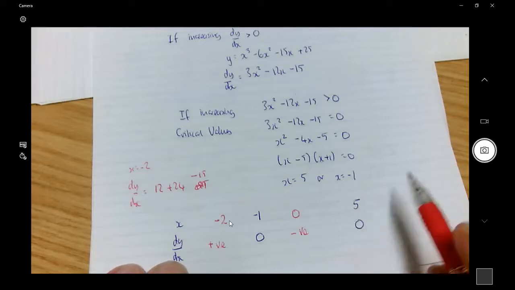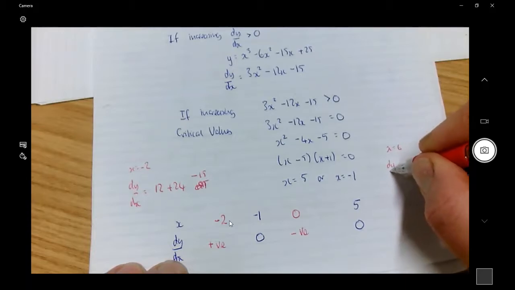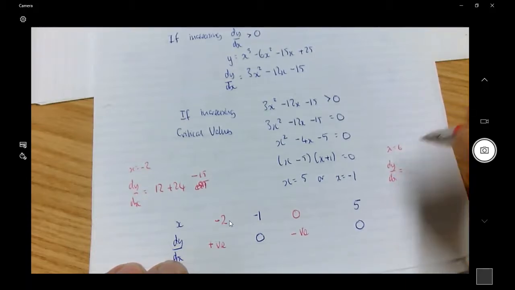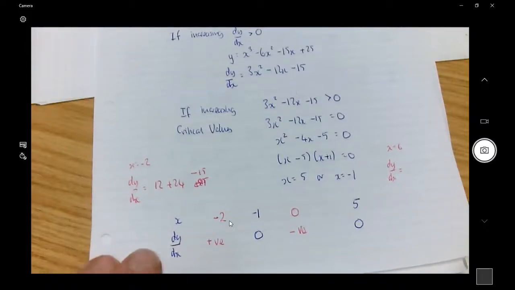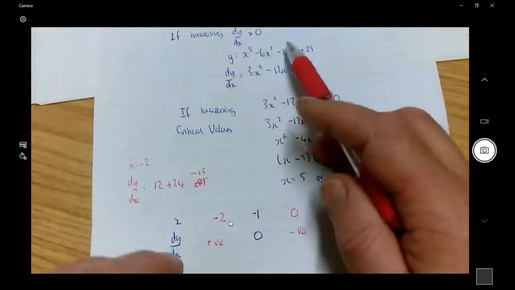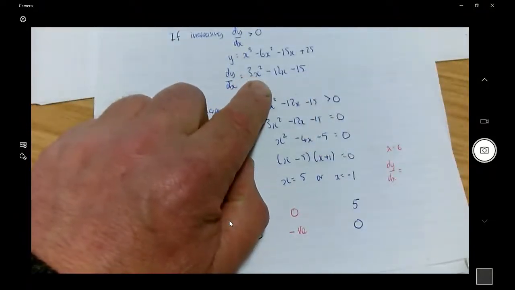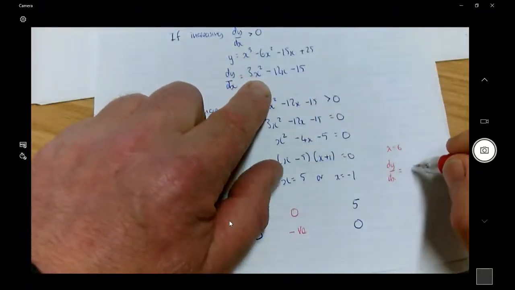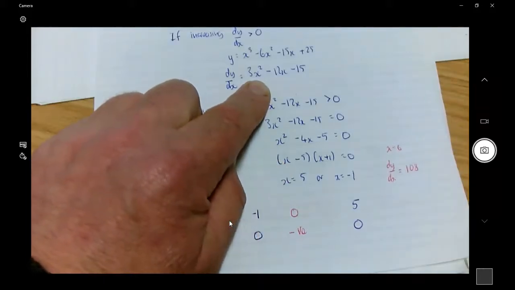So if x equals 6, dy by dx is, well, when you think about it, it doesn't take a lot of working. 6 squared is 36, 3 36s are 108. 6 12s are 72.